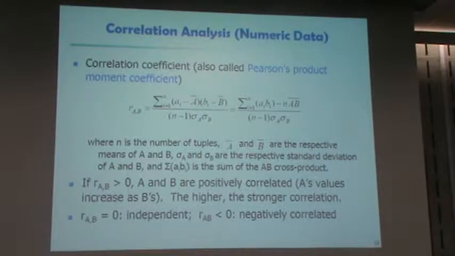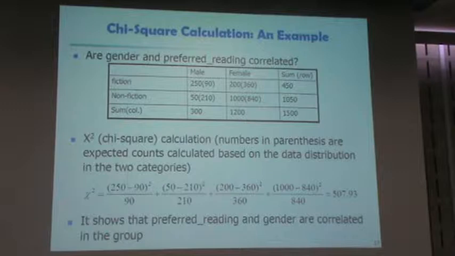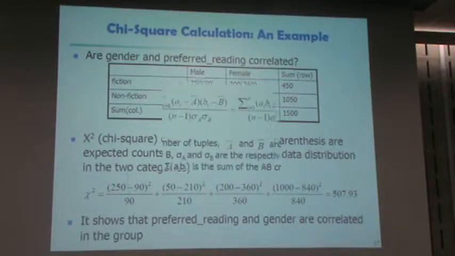At this time, A bar and B bar mean the respective means of the A and B data, not observed, not tested, the ideal case, based on the data set.